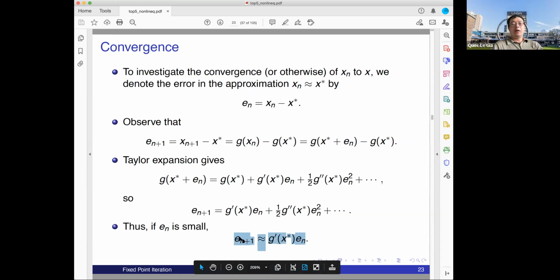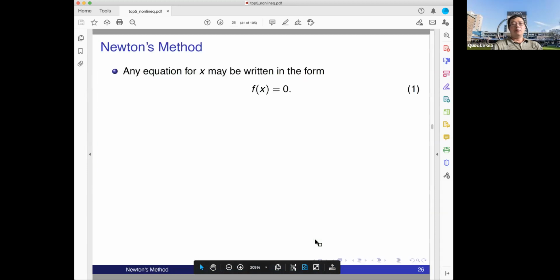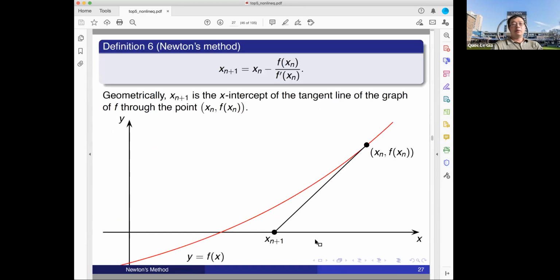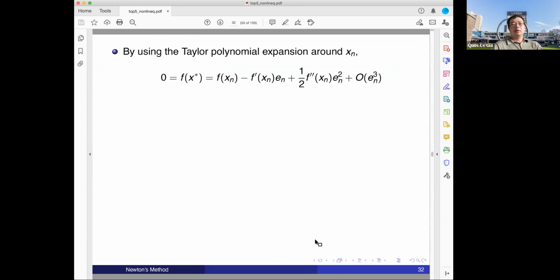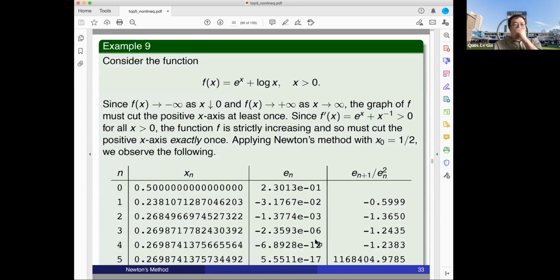So you see, this is the equation, right? e_{n+1} equals g'(x_n) e_n. And then you compare with this definition.